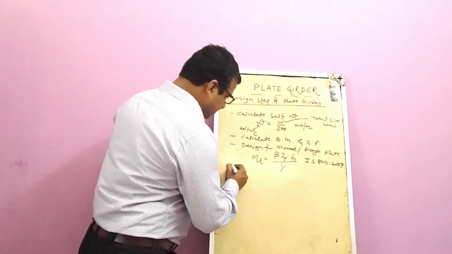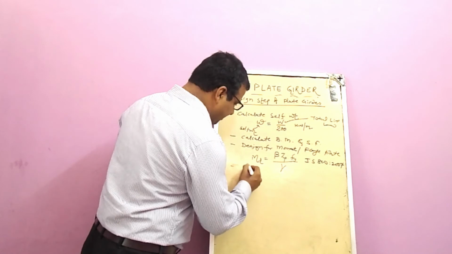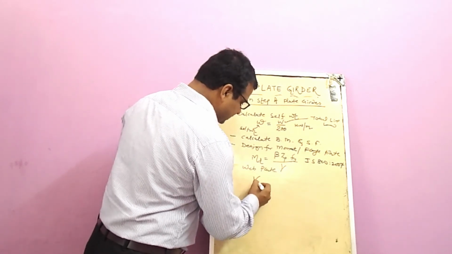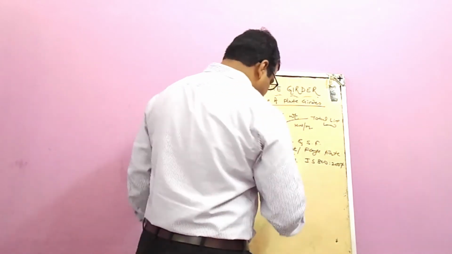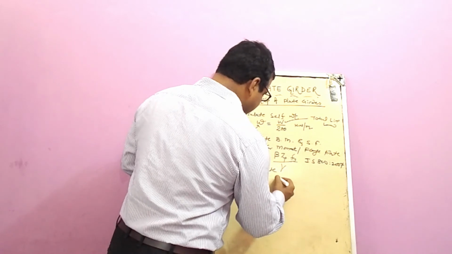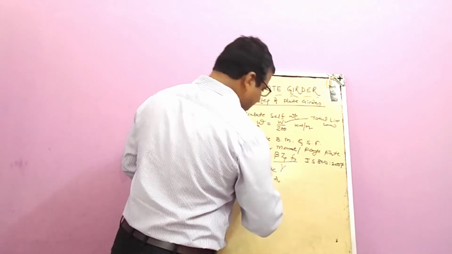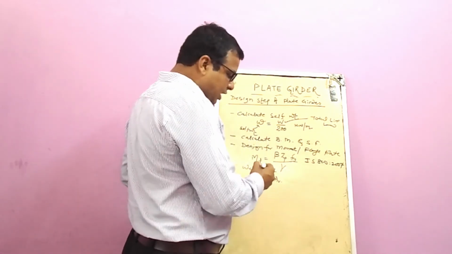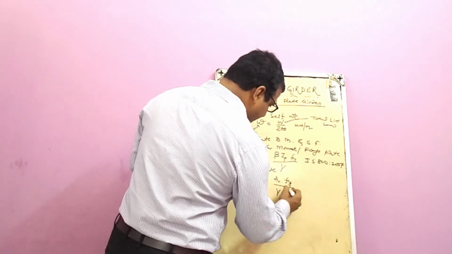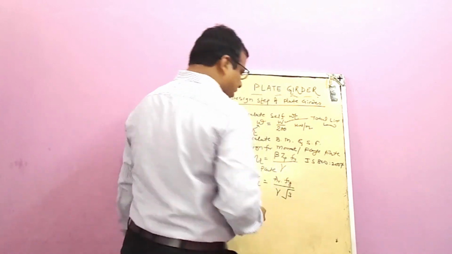Now this is for the web plate, and this VD will be AB, the area required in shear, Fy upon gamma upon root 3.